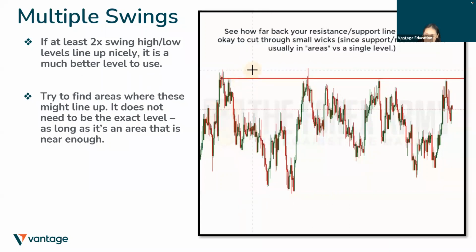So it's a good practice to see how far the resistance and support line can go. It's okay to cut through small wicks since these are typically areas instead of specific levels, as you can see in the GIF over here. So you want to pull it back as far as you possibly can without cutting through too many candlesticks, but the wicks are fine.